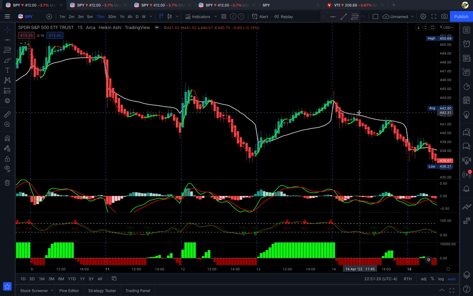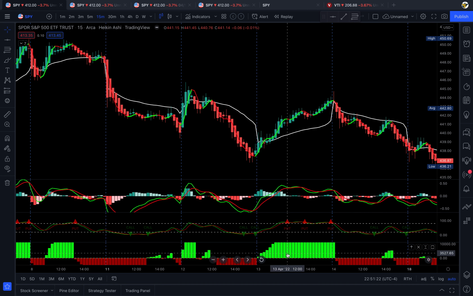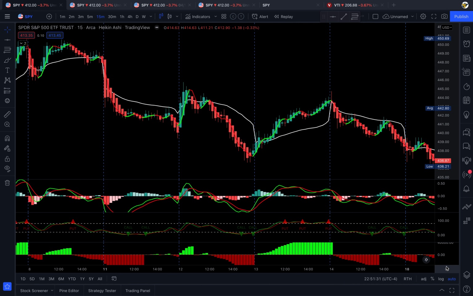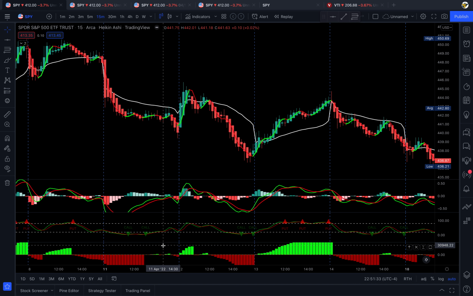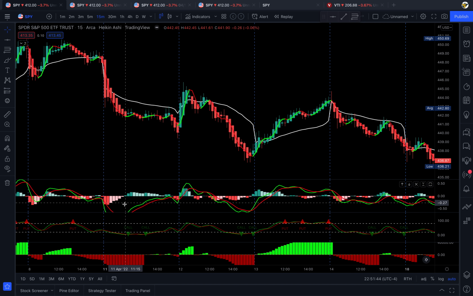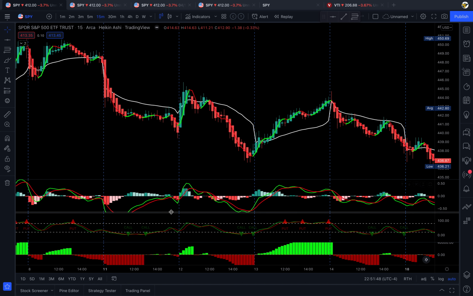And I combine that with this TEMA indicator, which is this histogram at the bottom of my chart here. It takes the average of 3 Hull EMAs and creates this histogram of whether it's red or green. It's kind of like a MACD, except it's different. I guess it's faster than the MACD with the price action.